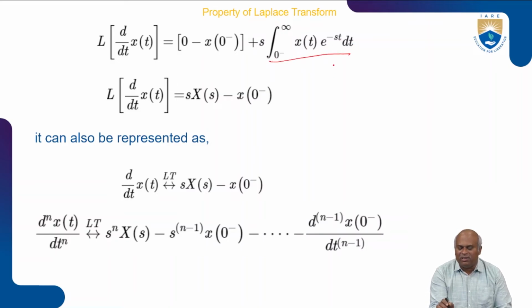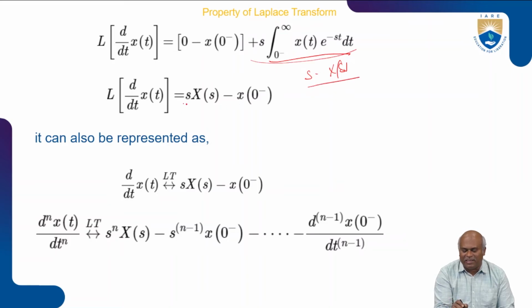This value is equal to X of s. I substitute s into this whole term: s X(s) minus x(0-). The Laplace transform of the first derivative d by dt x of t is equal to s X(s) minus x(0-).